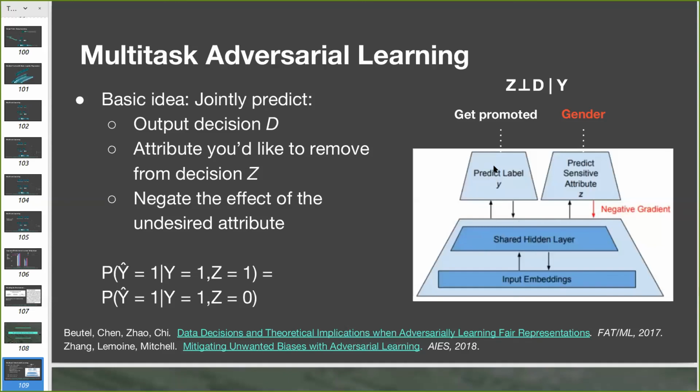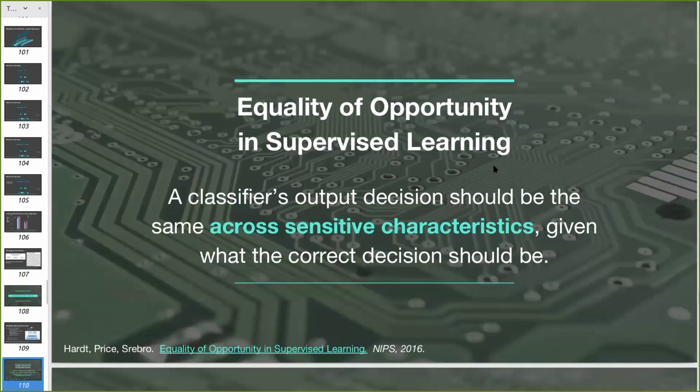And then we have another part of the model which tries to negate the effect of the undesired attribute, which in this case is gender. So we can use this kind of architecture for avoiding any unnecessary effects of these kind of features like gender messing up the model performance or the model predictions.